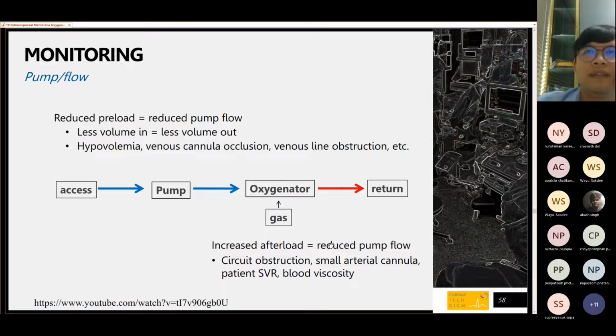Obstruction increases the resistance, as does using a smaller cannula or a patient whose SVR is rising. A rising patient SVR means we put much more resistance on this side, so the pump flow is quite low.